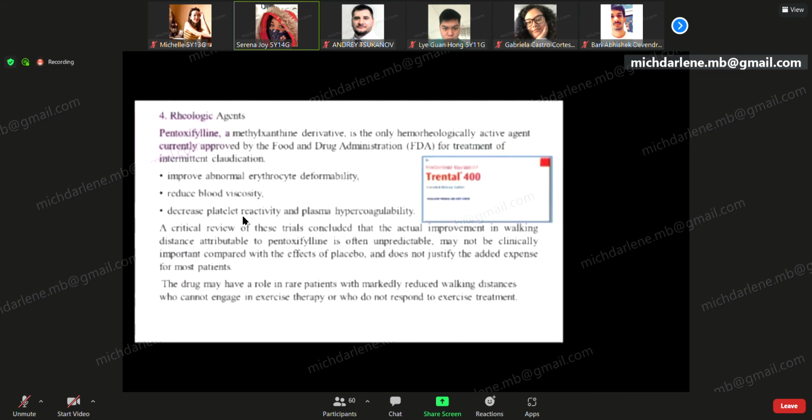The drug may have a role in rare patients with a reduced walking distance who cannot increase therapy or who do not respond to the exercise treatment.